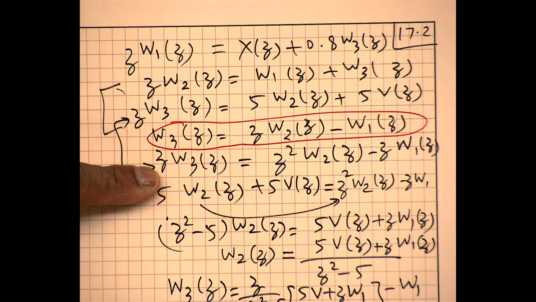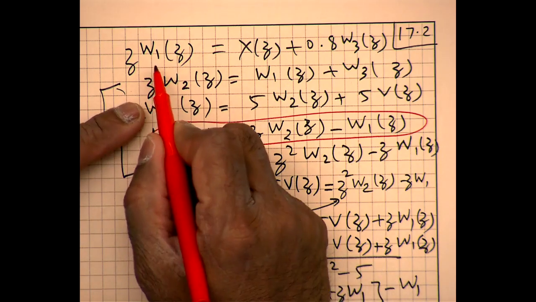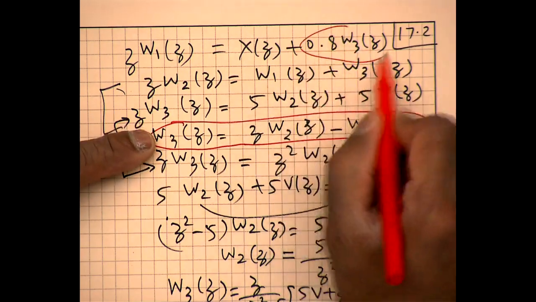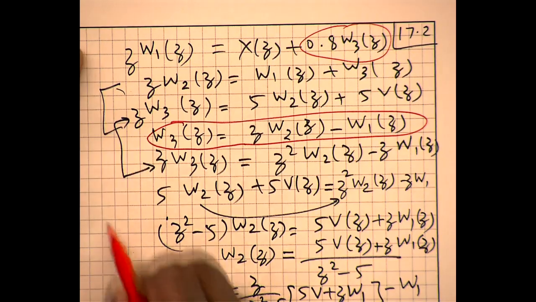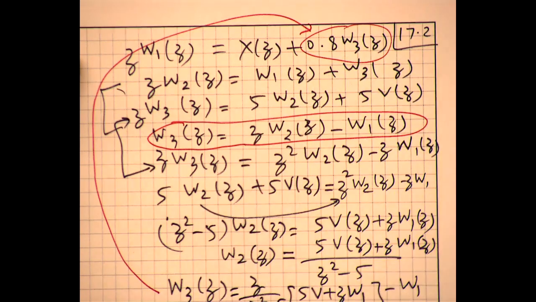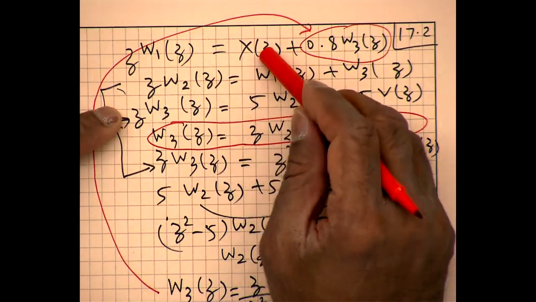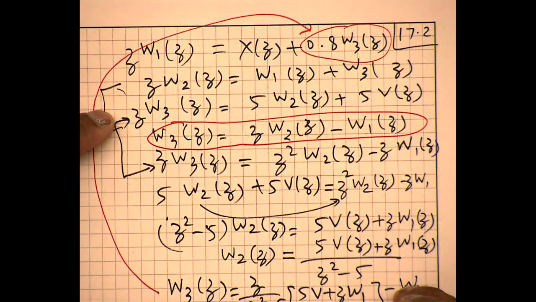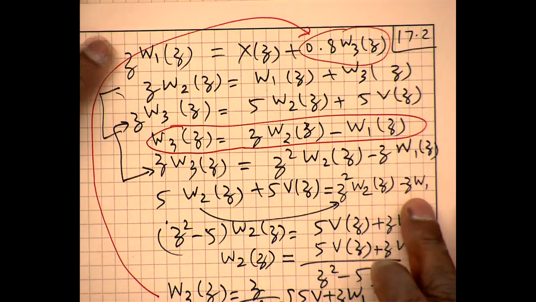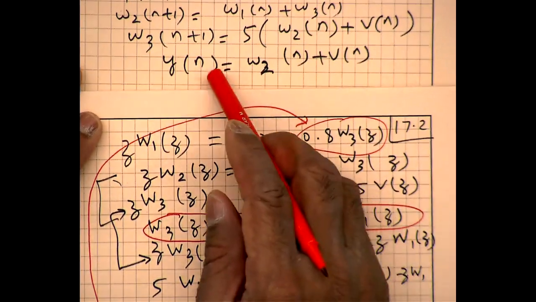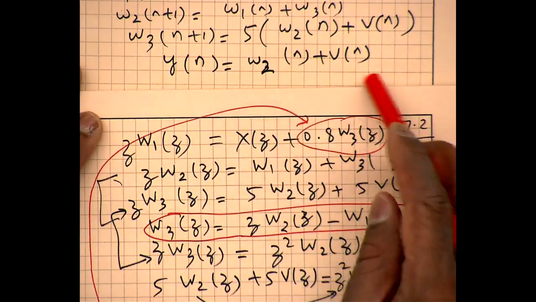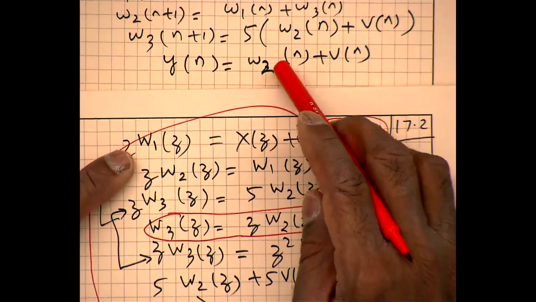So now we have expressed W2 and W3 in terms of W1. If I go to the first equation, I can substitute this one here, and then you will get a relation between X and W1, and finally the output Y is going to be W2.